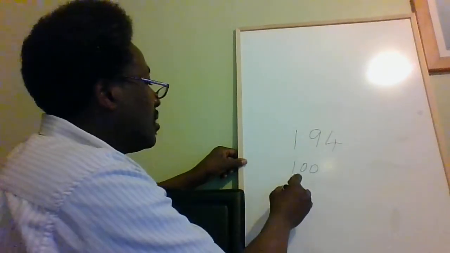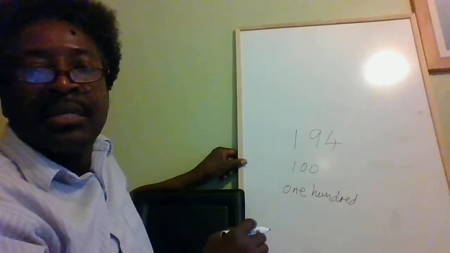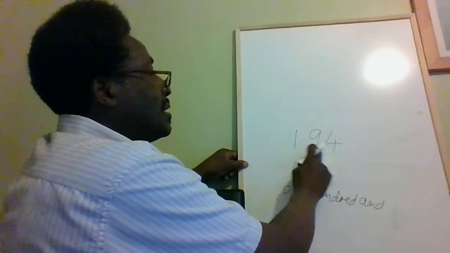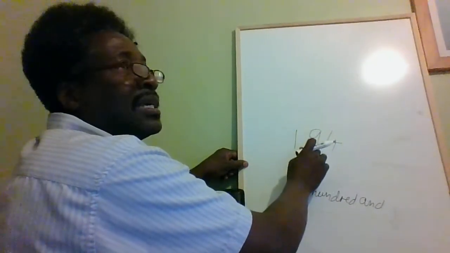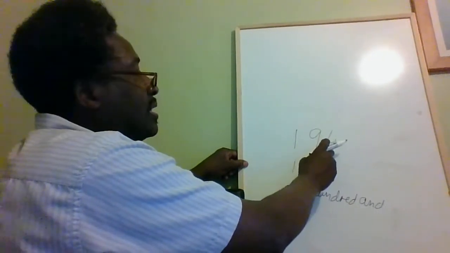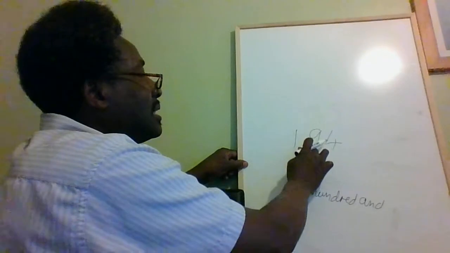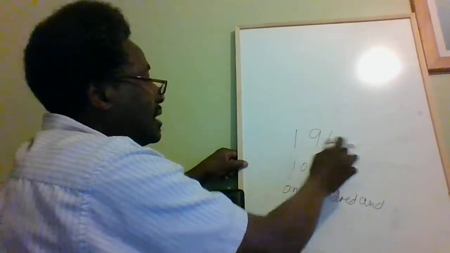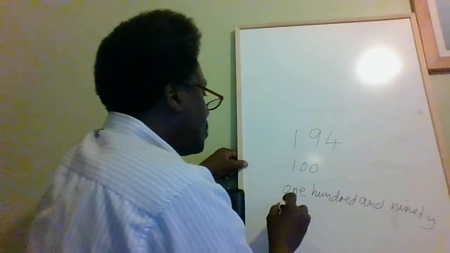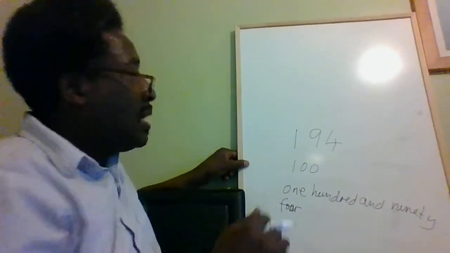So you start off by saying 100 and never miss out the and, 94, because this digit of 9 is 9 tens, which is 90. This digit of 4 is 4 units or 4 ones, which has a value of 4. So 9 tens is 90 plus 4, 94. So 194.